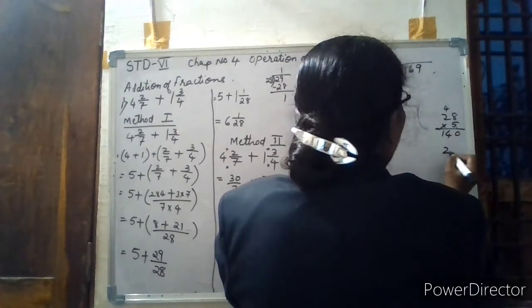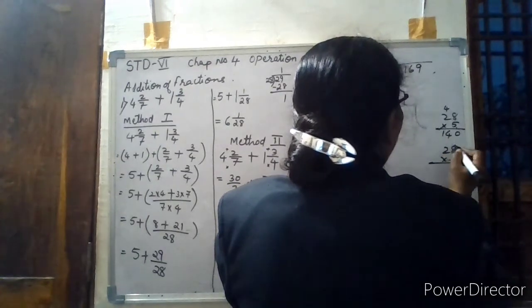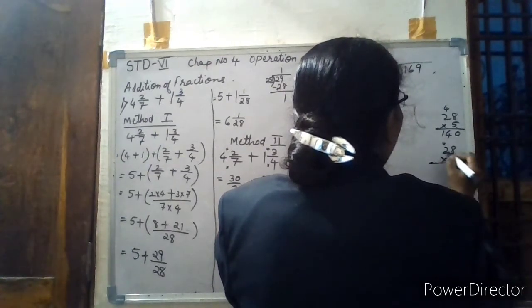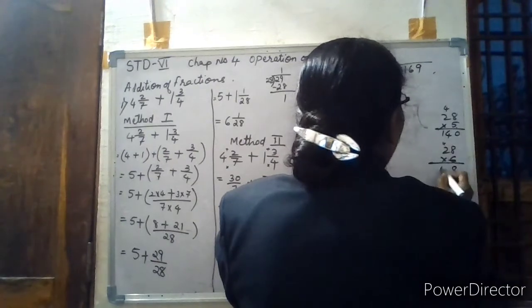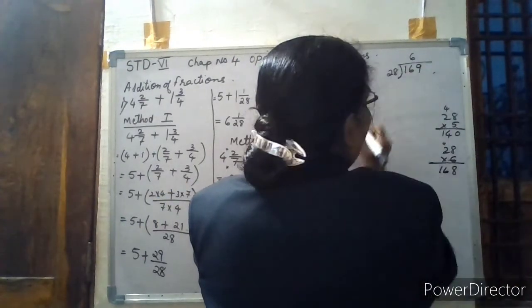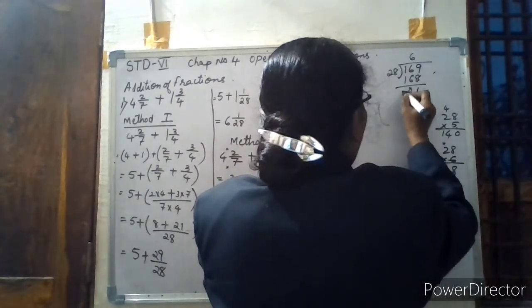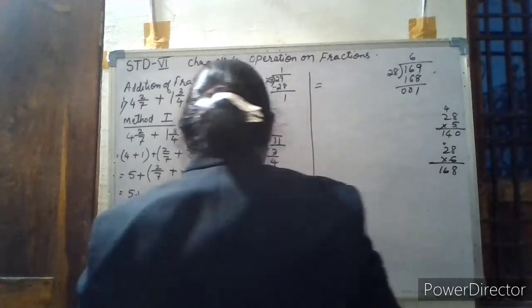No, still one more number we have to see. 6 8s are 48, carry 4, 6 2s are 12, 16. Yes, very nearest we got. That means it is 6, 168. Remainder is 1.